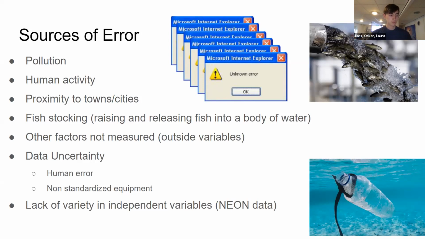For example, human error and not similar equipment. Lack of variety in independent variables. For example, the insect group covered fewer different kinds of biomes compared to the fish group.